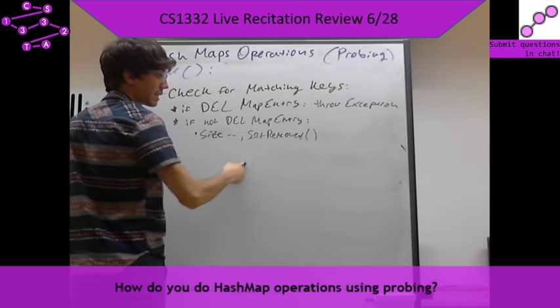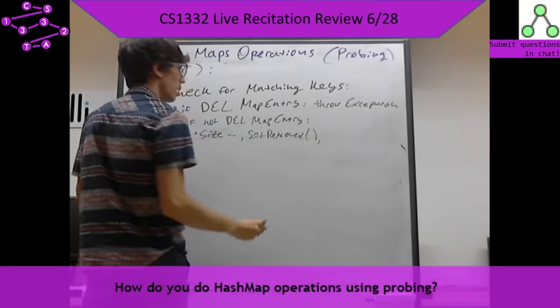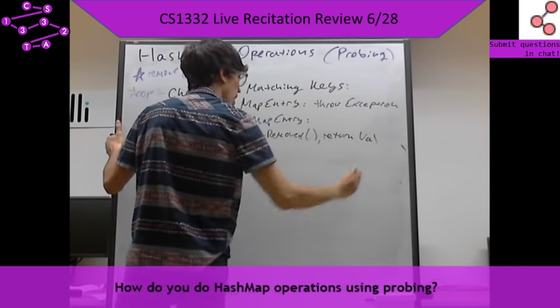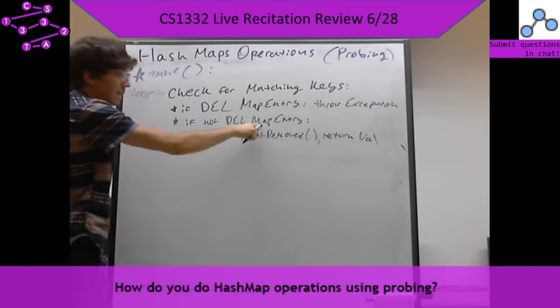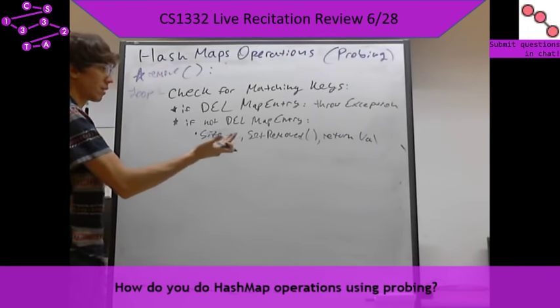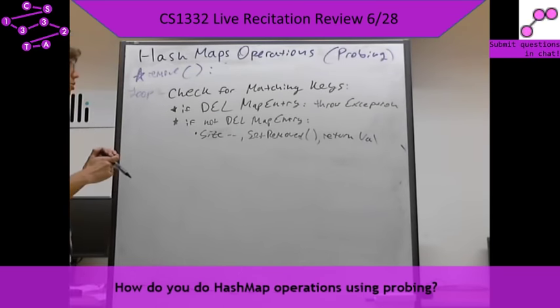This is not setting to null. This is setting to removed. This is very important. We went over why we have to do this. And we're going to return the value, and it is the value that is actually in this map entry. So there you go. You return the value, and this handles what you need to do in remove.